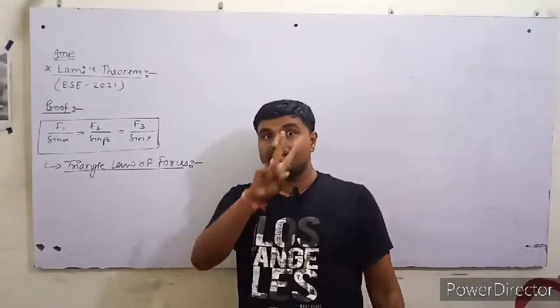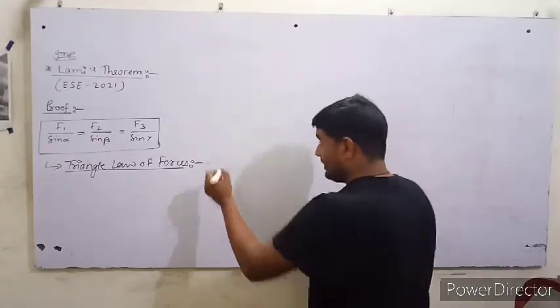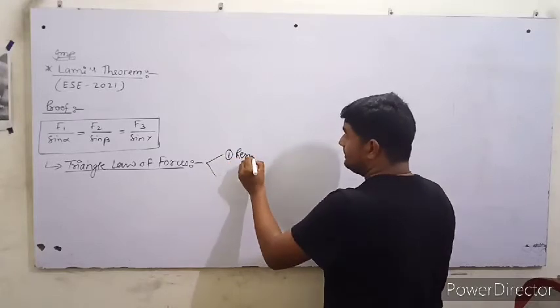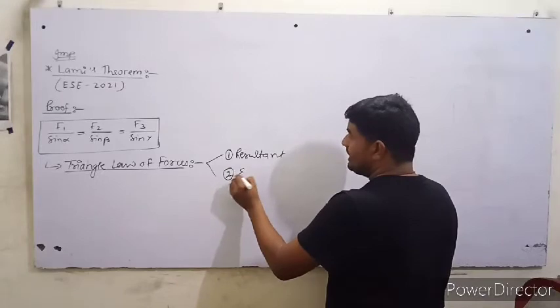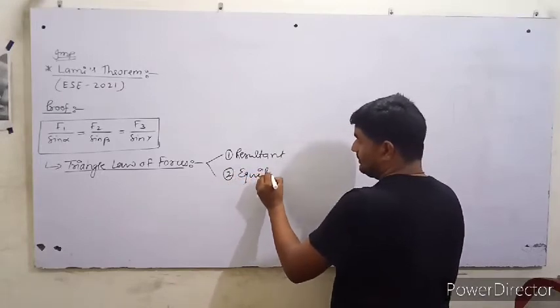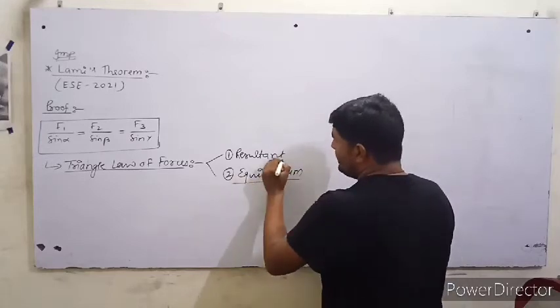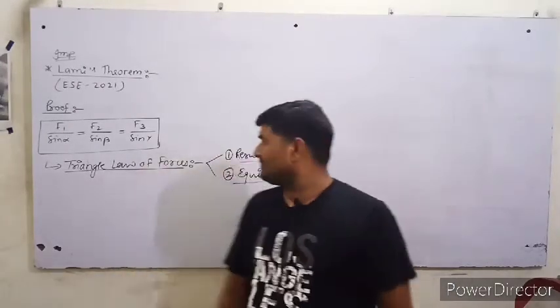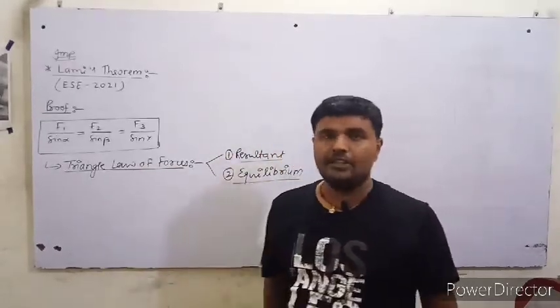So students, there are generally two statements of the triangle law of forces. The first statement is basically for resultant and the second statement is for equilibrium. Generally these are not statements, basically we are using the triangle law of forces to define resultant or equilibrium.